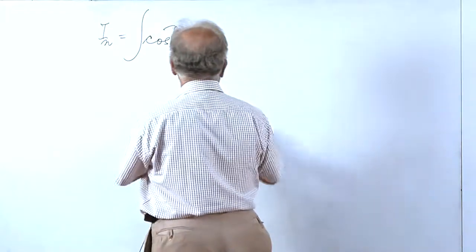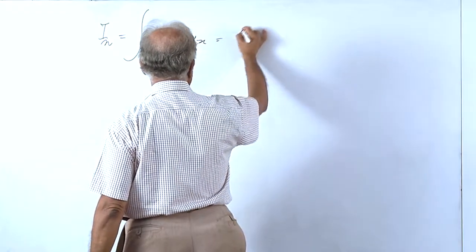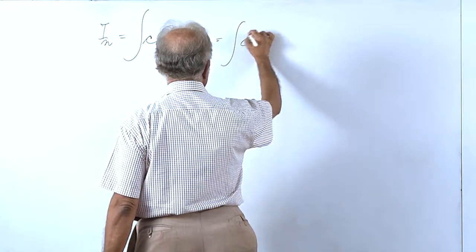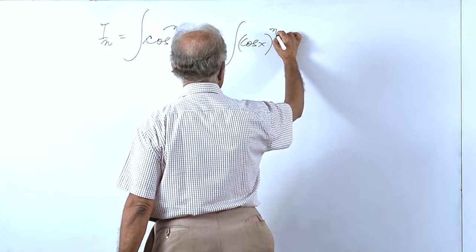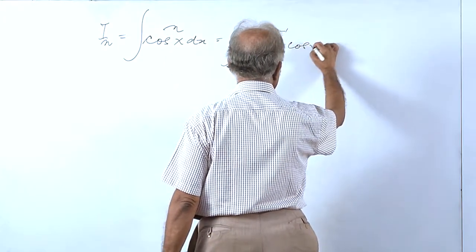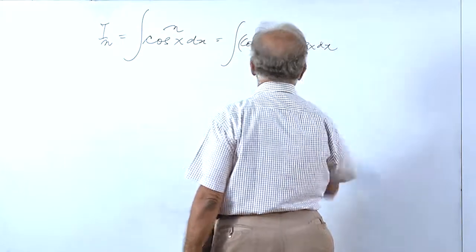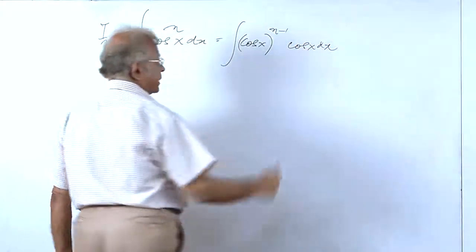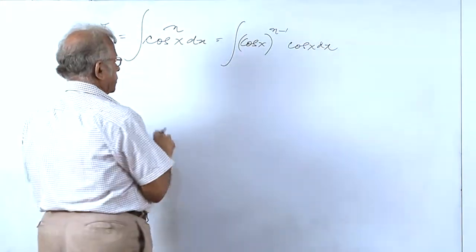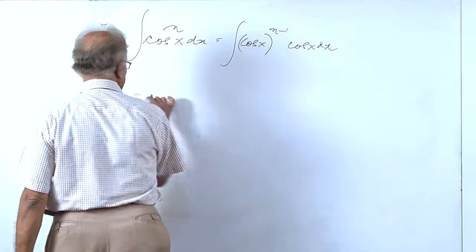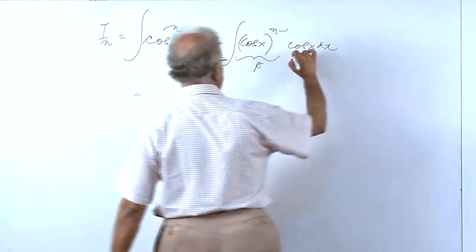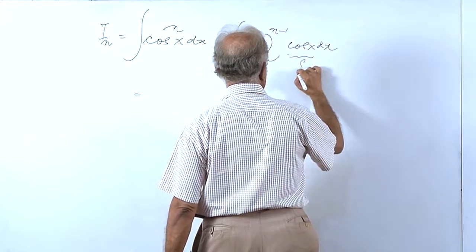We can write this as the integral of cos x to the power of n minus 1 into cos x dx. Now, this can be treated in terms of integration by parts. So, this we will take as the first function, and this we will take as the second function.